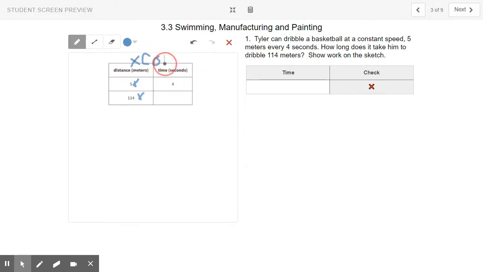The COP is the constant of proportionality. We also learned that in order to find the COP, it's basically figuring out, well, how long does it take Tyler to dribble 1 meter? So it's like saying in 1 meter, how long? This will be the COP.